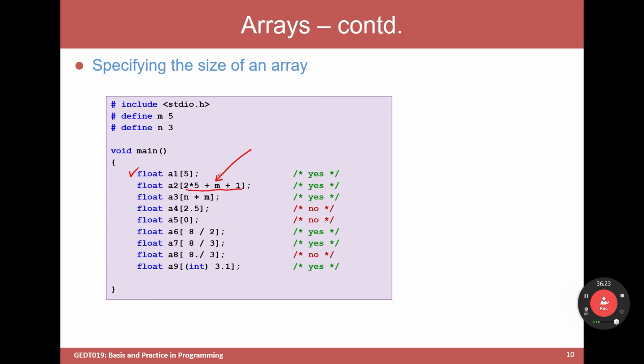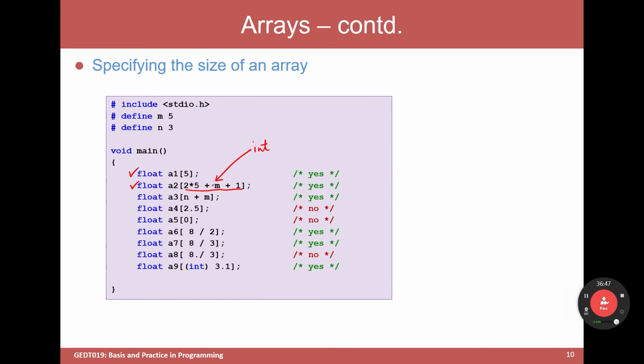So in this case, the result will be one number, and that number sure will be an integer. So in this case, 2 times 5 plus 5 plus 1. So this one will be 10 plus 5, 15 plus 1 will be 16. That means 16 elements. So in this case, no problem. If you put an expression here, no problem.